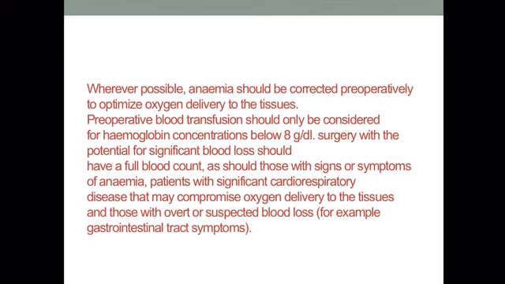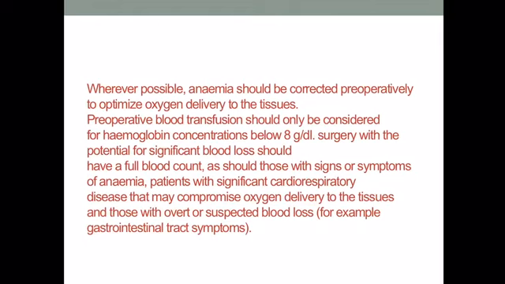In any patient undergoing surgery, anemia should be corrected preoperatively to optimize oxygen delivery to the tissues. Preoperative blood transfusion should only be considered for hemoglobin concentration below 8 grams per deciliter. So if the patient has 9 grams per deciliter, there is no indication for blood transfusion.